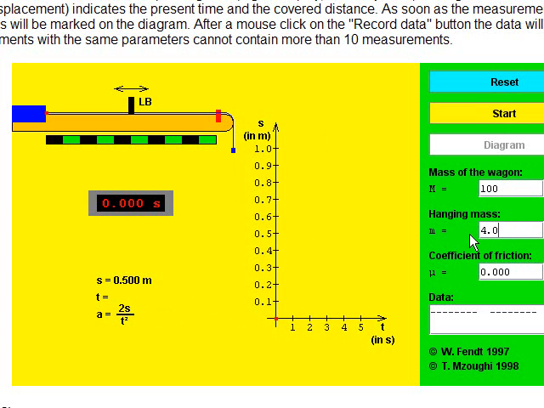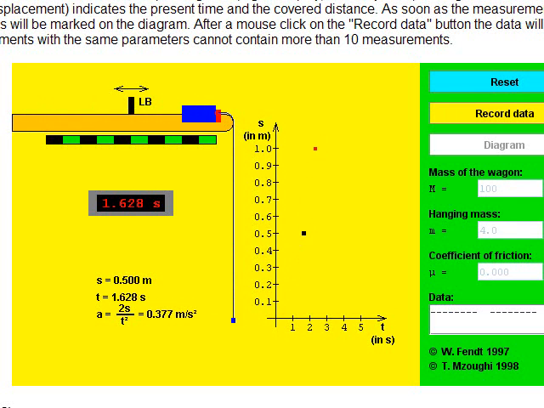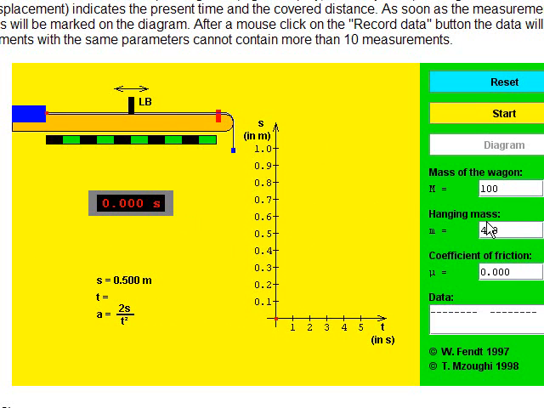And then for each mass I actually take 5 measurements, because those are real measurements. This one here, of course, is a simulation, and you can check this out yourself, that if you take a second measurement for 4.0 grams, you come up with 1.628 seconds again and again and again, because they wrote this applet to give perfect numbers, so to say.